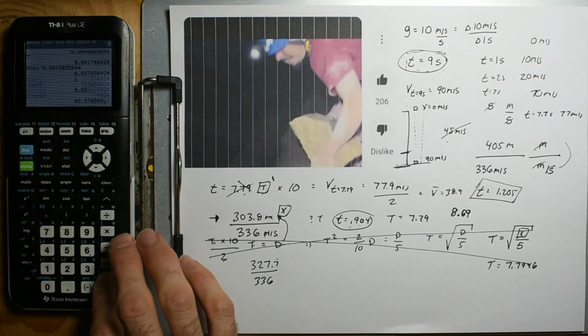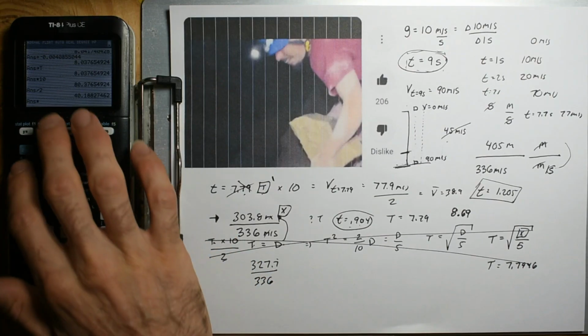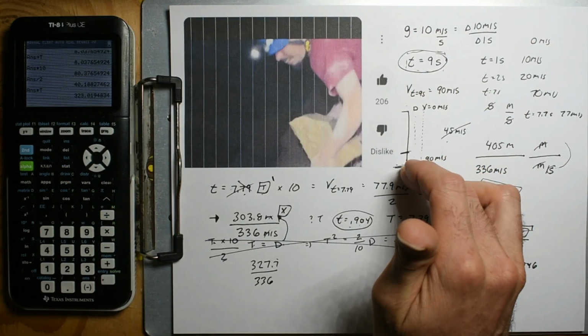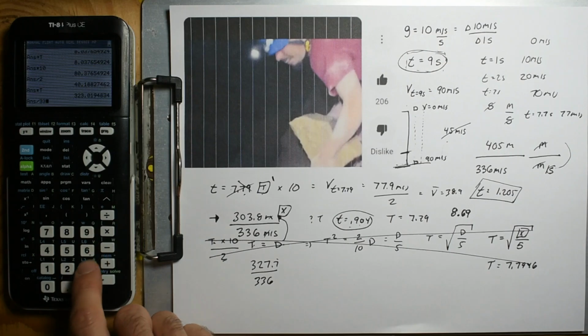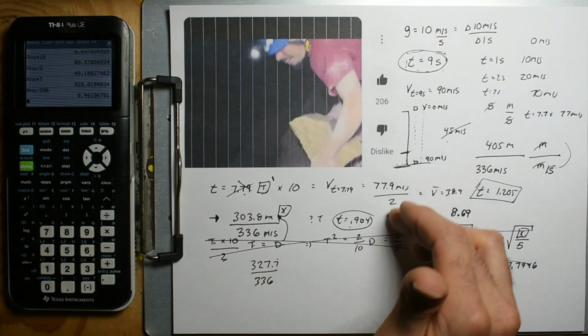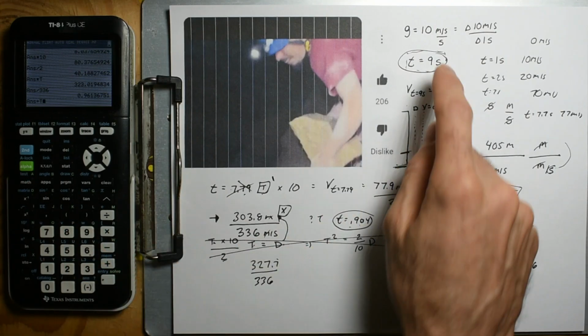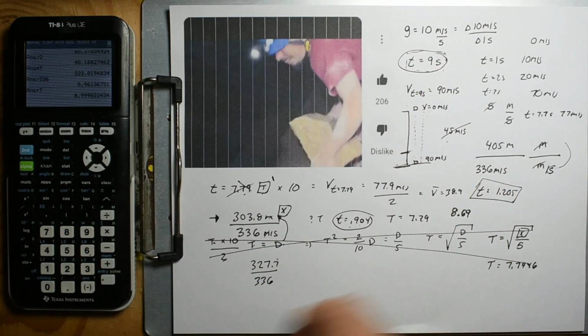I'm going to multiply by 10, divide by 2, and then multiply by that time of free fall. Average velocity times that time is the total distance. I'm going to divide by 336. This is going to be the time for the sound to go back up. And this plus that time of free fall should equal 9. And hell yeah, we're within 3 decimal places.